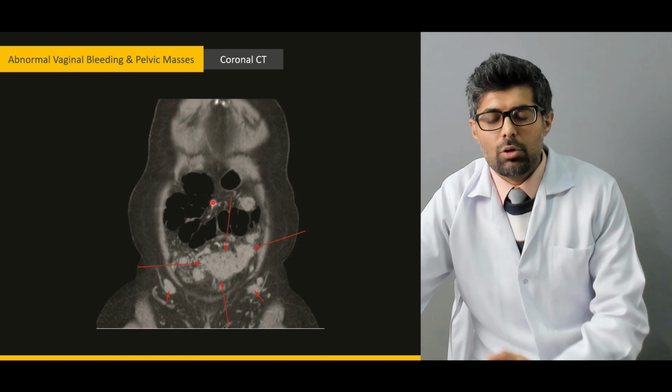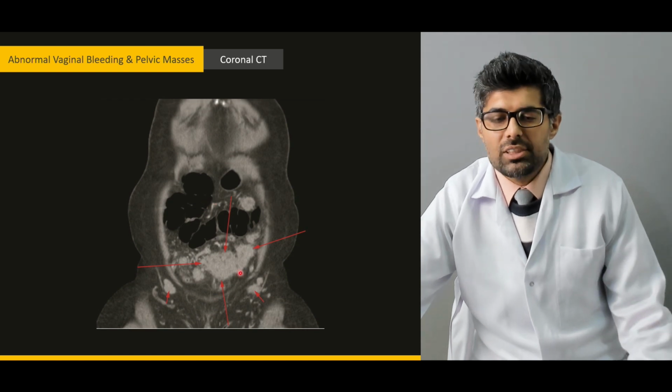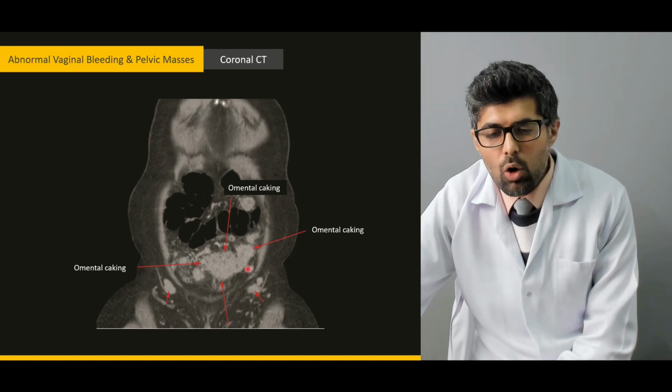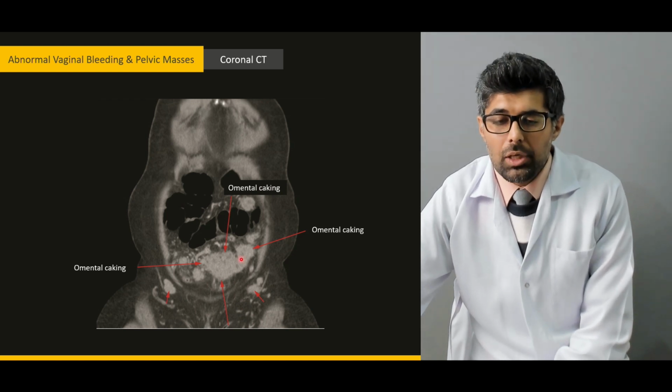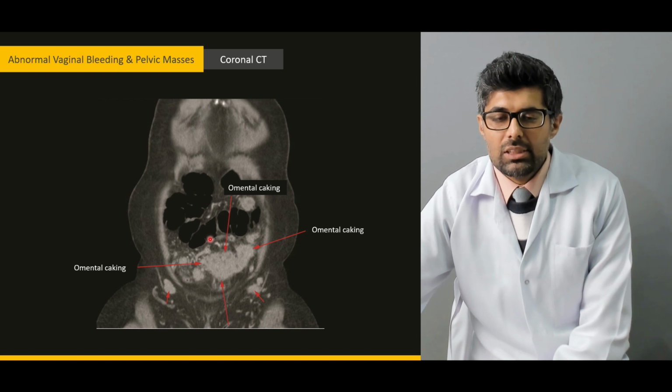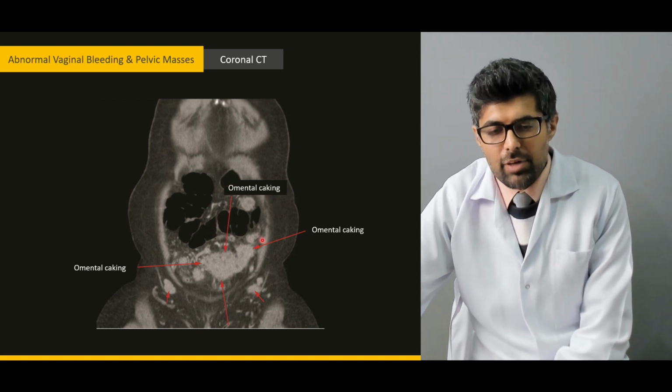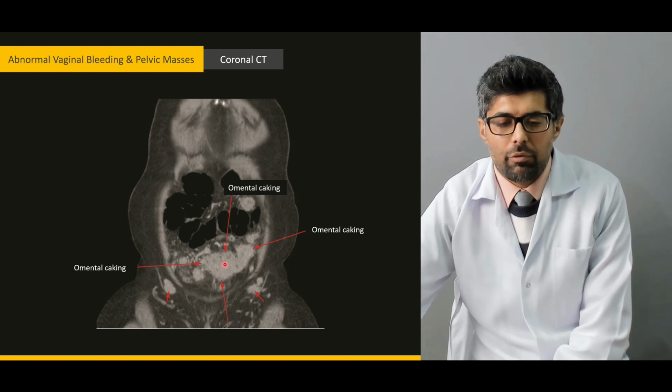Again, I have a coronal CT scan of the same patient with omental caking all around the peritoneal cavity. Now, this is her intestinal tract, and this is the fascia and the omentum of the patient.